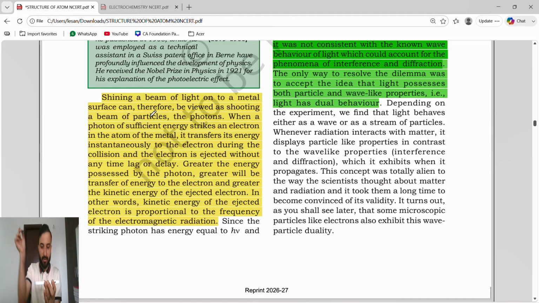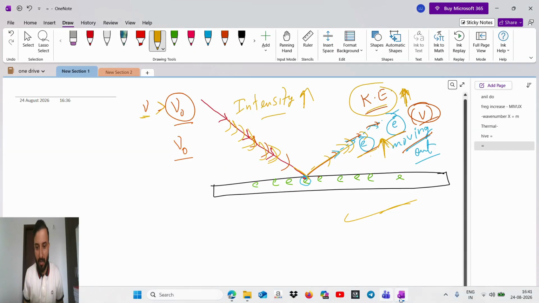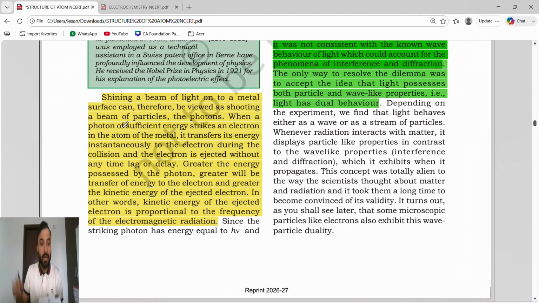The beam of light hitting the metal plate we can see as a beam of particles shot at the metal surface. The photon means the beam of light which is shooting to the metal surface.